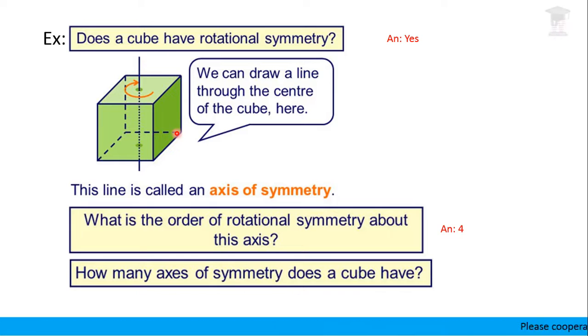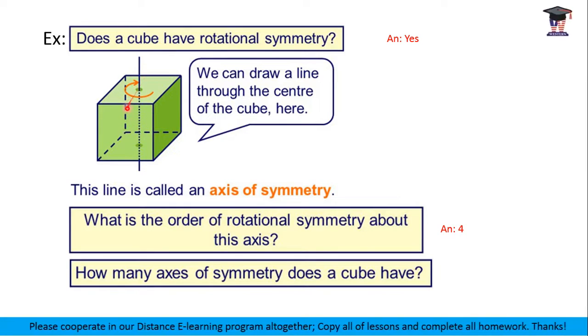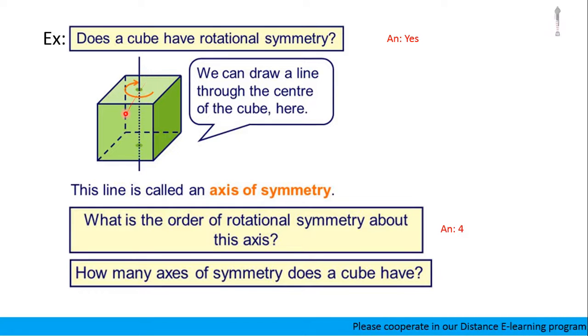Altogether 7. But do not forget that about the surfaces also. There are 6 faces of a cube, so 6 small lines. It means that the total axes of a cube is 13. Yeah, there are 13 axes.